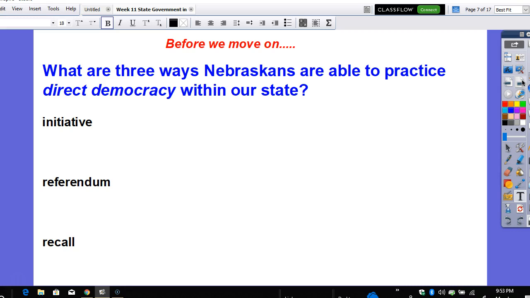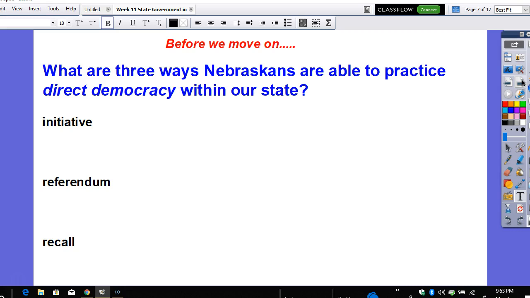And if the required percent of Nebraska voters sign that petition, this referendum is put on the ballot, and the voters of Nebraska decide should that law that was passed by the state legislature stay a law. If the majority of Nebraskans who vote say no, that law is taken off of the books.